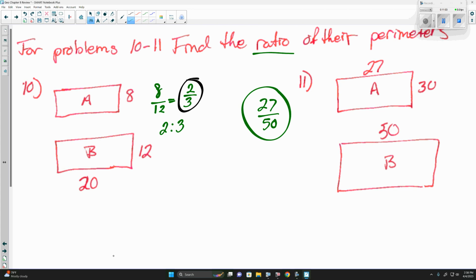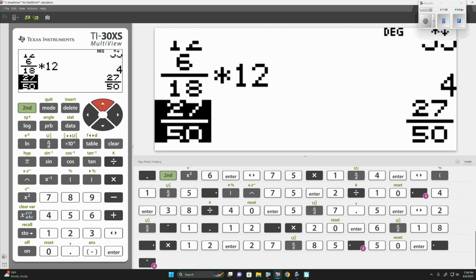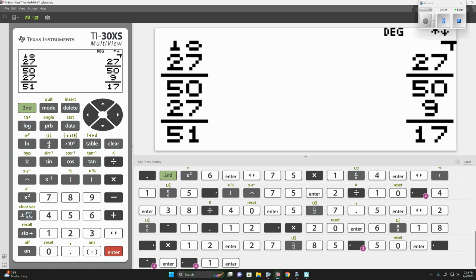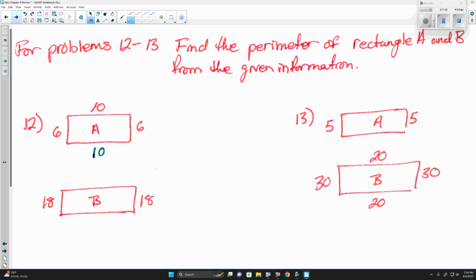If it had been 27 over 51, it would have reduced. Yeah. Change that 0 to a 1. Well, for any number divisible by 3, the sum of its digits is too. So 2 and 7 is 9. 5 and 0 is 5. We're 1 short. Sometimes, not always, but yeah.